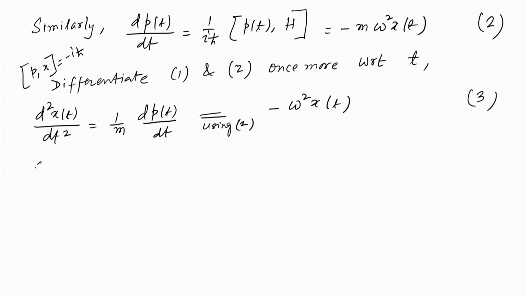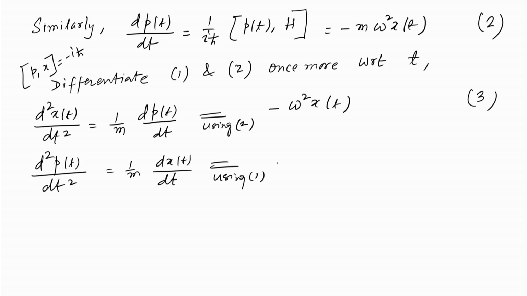Similarly, d2p/dt2 is equal to 1 over m dx/dt, and using 1, this is equal to minus omega square p of t. This is equation 4, and both of them have the same form, and we know the solution of such equations as harmonic solutions.